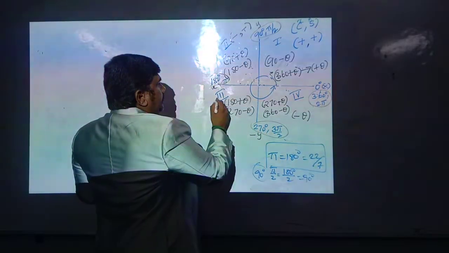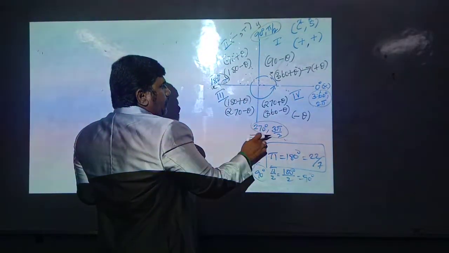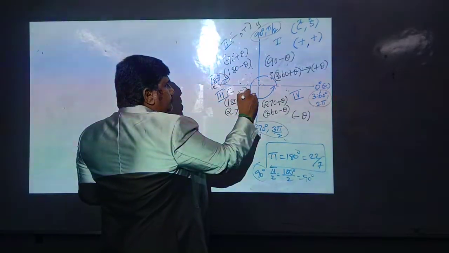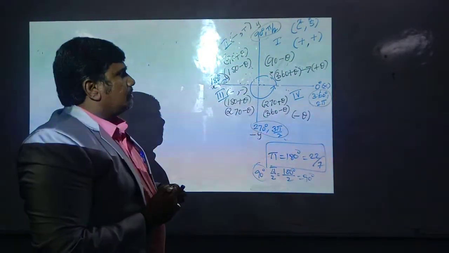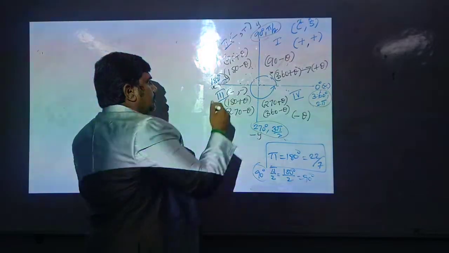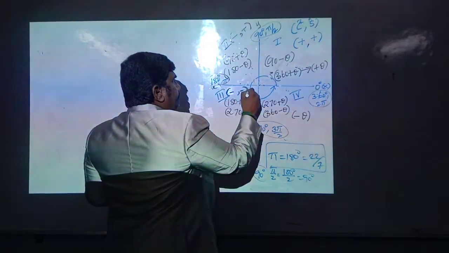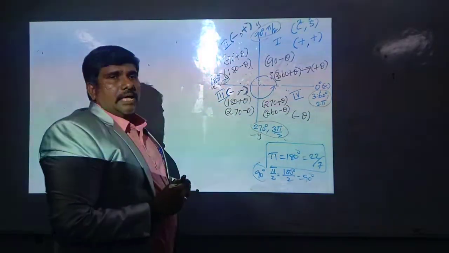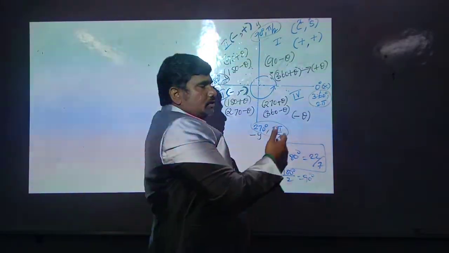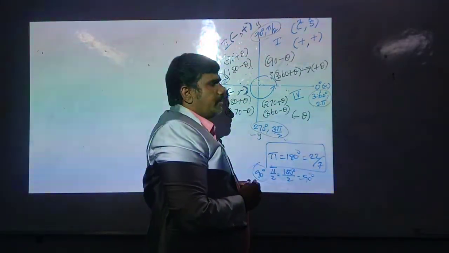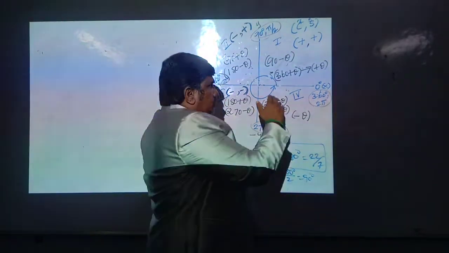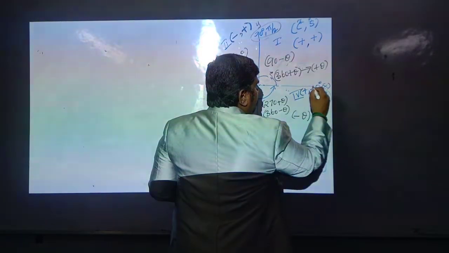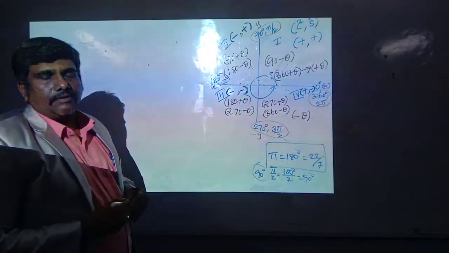In the third quadrant, both the x-axis and y-axis are negative, so we denote it with minus, comma, minus. And the fourth quadrant lies between the positive x-axis and the negative y-axis, so plus, comma, minus. That is going to be the sign convention.